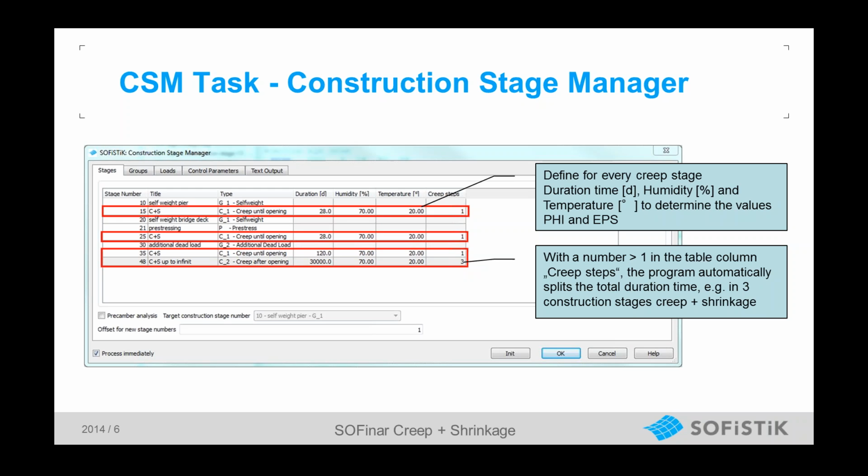This is called stages, and it is the first table, which is necessary to set up all the construction stages. That means in this table you define step by step what happens to your bridge project.